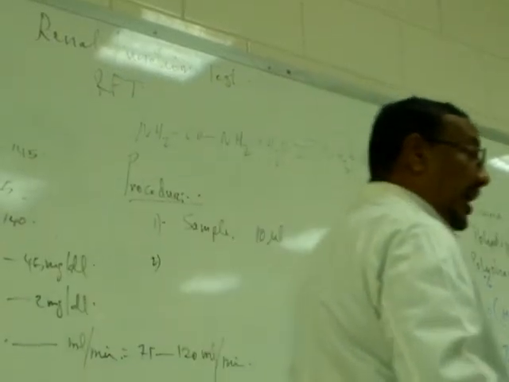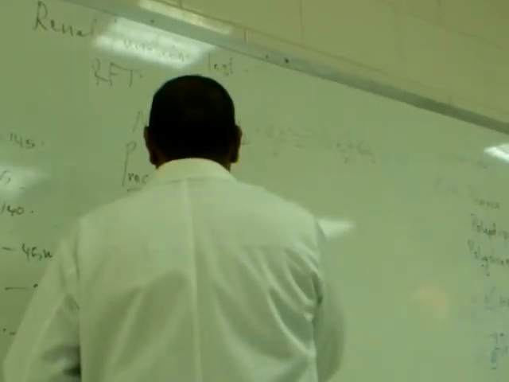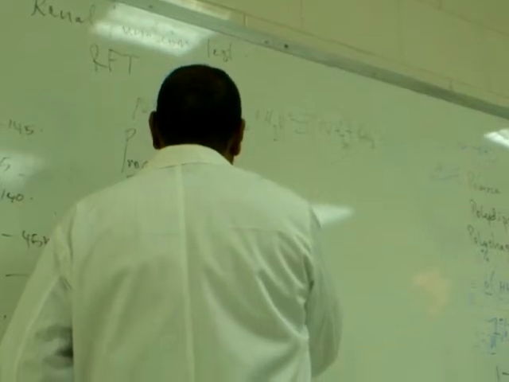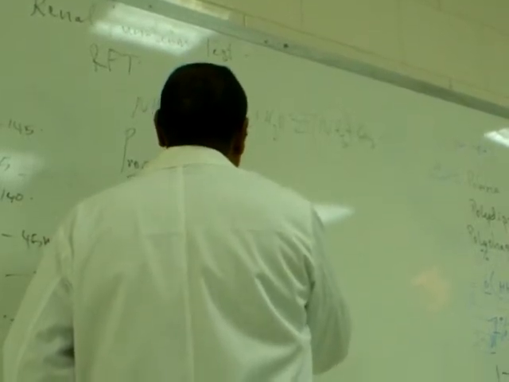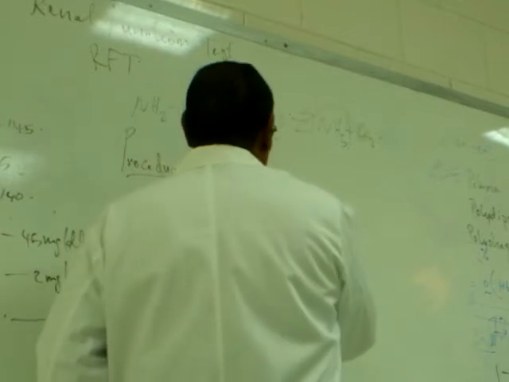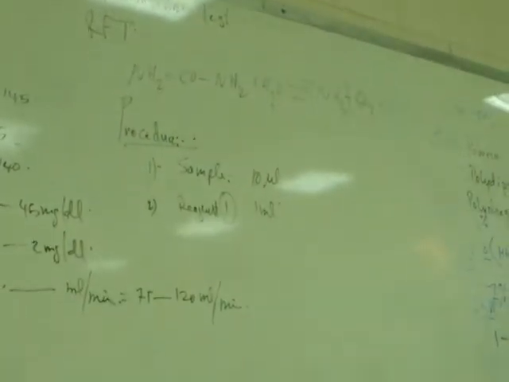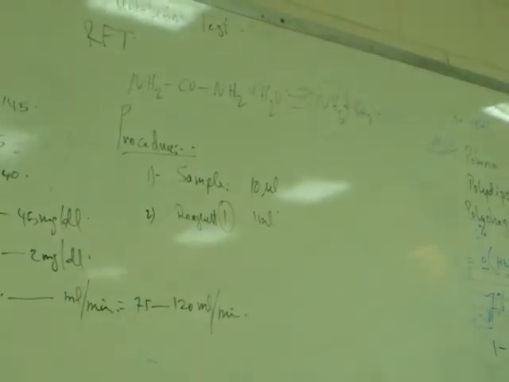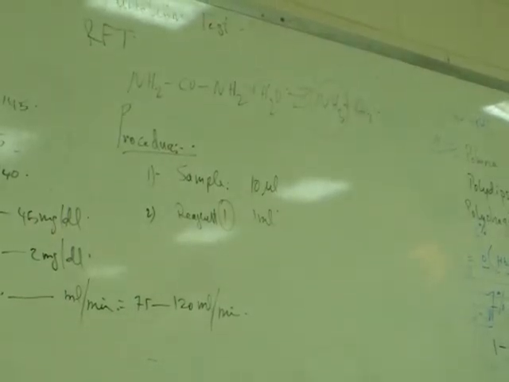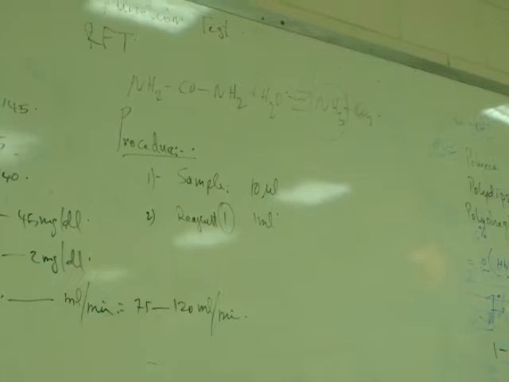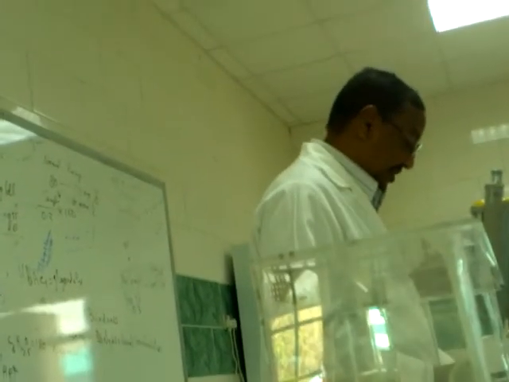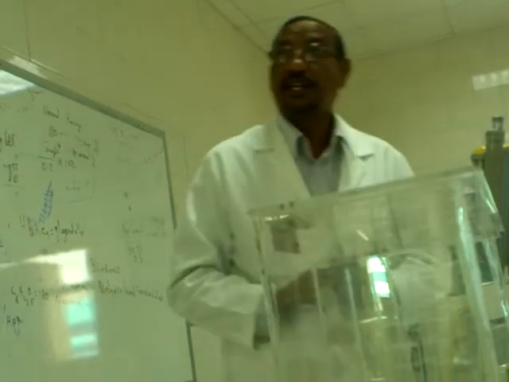And then you will add reagent 1, 1 ml. The experiment you will work on is today, not next week. Reagent 1 contains the enzyme urease, 1 ml. Okay, you will mix and incubate, wait 5 minutes. Then you will add reagent 2.